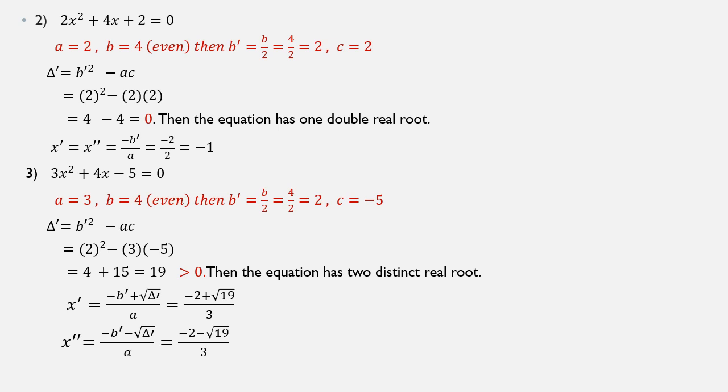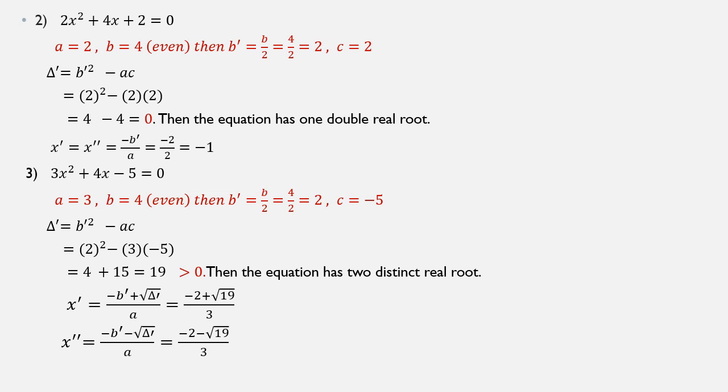Equation number 3. 3x squared plus 4x minus 5 equal to 0. Here a is equal to 3, b is equal to 4, which is an even number, then b prime equal b over 2 equal 2, and c equal minus 5. Delta prime, which is equal to b prime square minus ac, is equal to 19, which is positive.